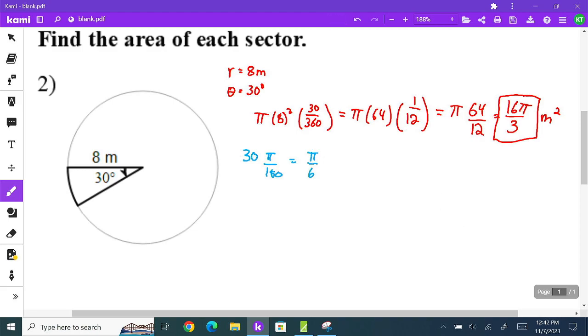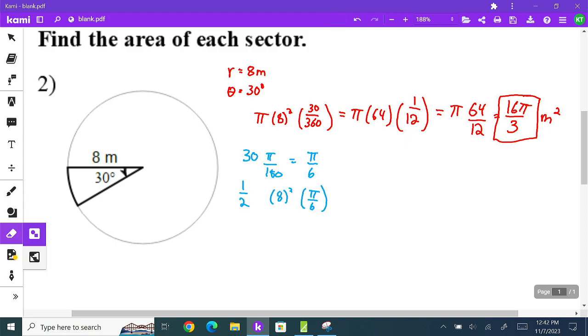So when I go ahead and plug this in, I'll have pi times 8 squared, 1/2, and my theta, which is pi over 6. I'm going to get rid of my pi here, actually, because my pi's canceled out. So I'll just have 1/2.